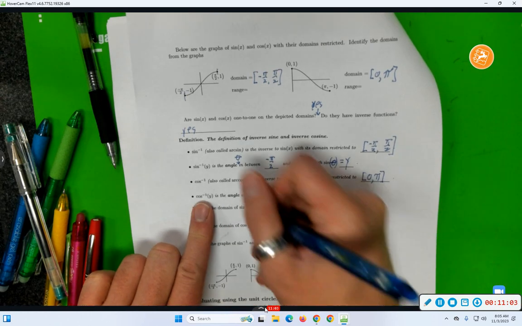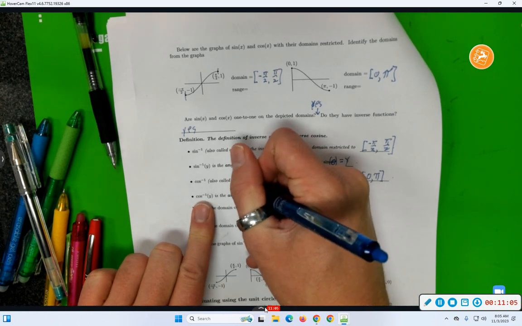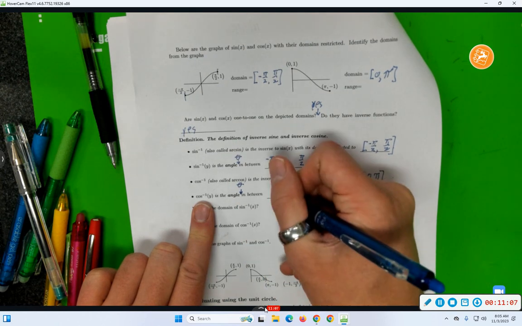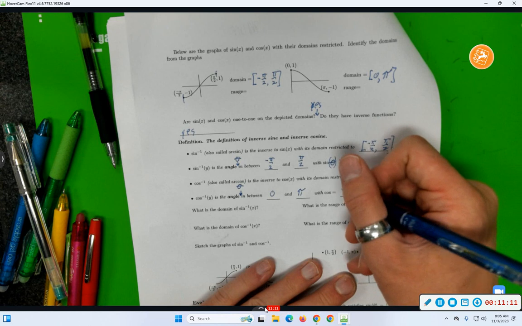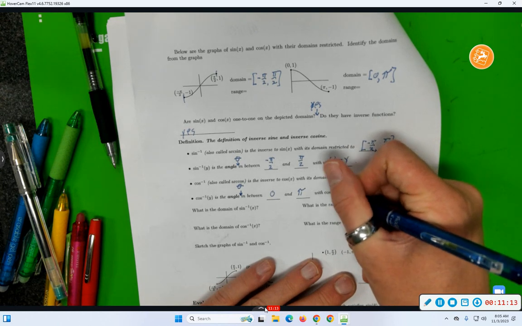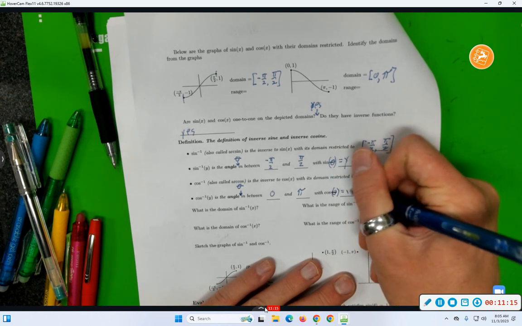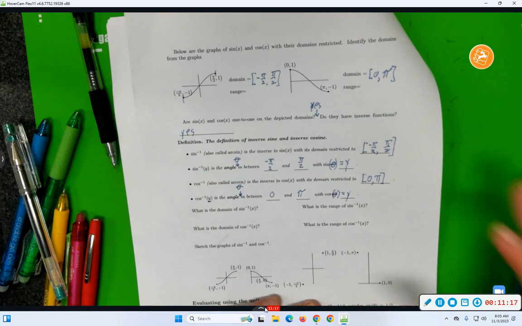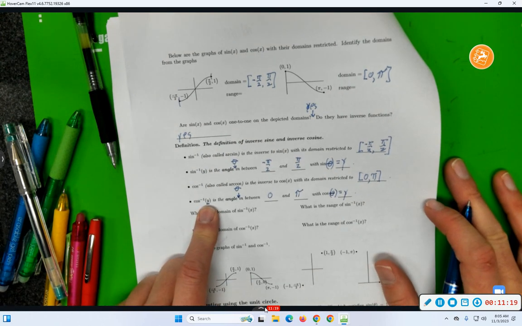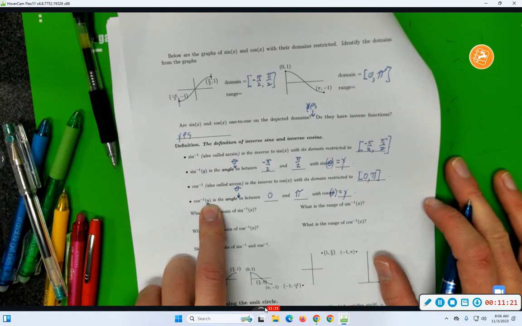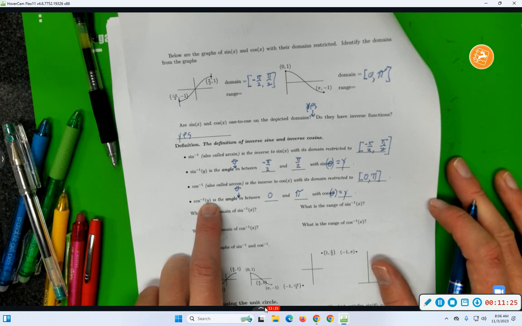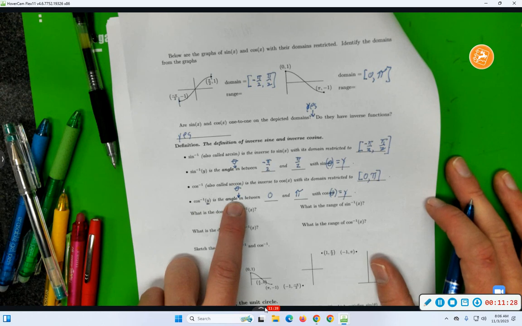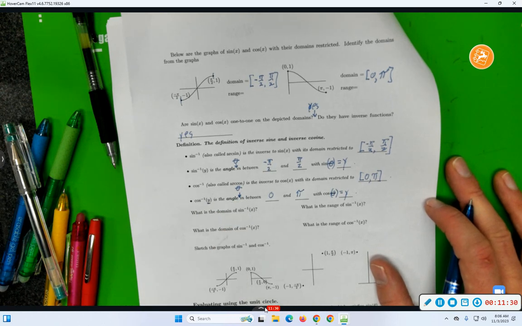So inverse cosine of an input y is the angle theta in between 0 and pi, which has cosine of theta equal to this y value. So inverse cosine says, you tell me what value you want cosine to be. So I guess that means, what x value do you want to accomplish on the unit circle? Inverse cosine tells you the angle that gives you that cosine.